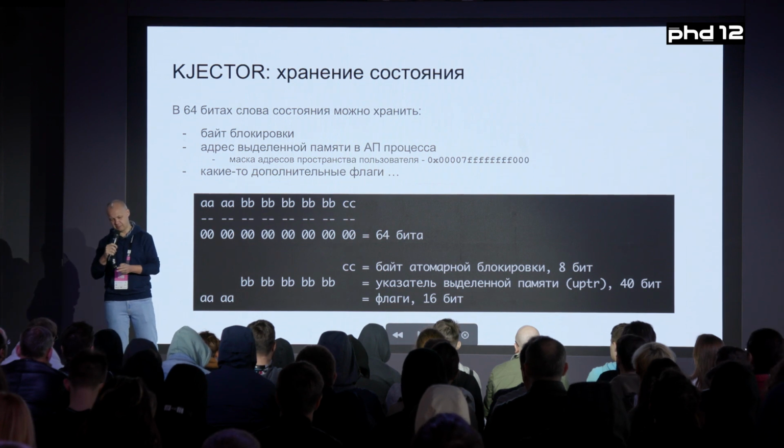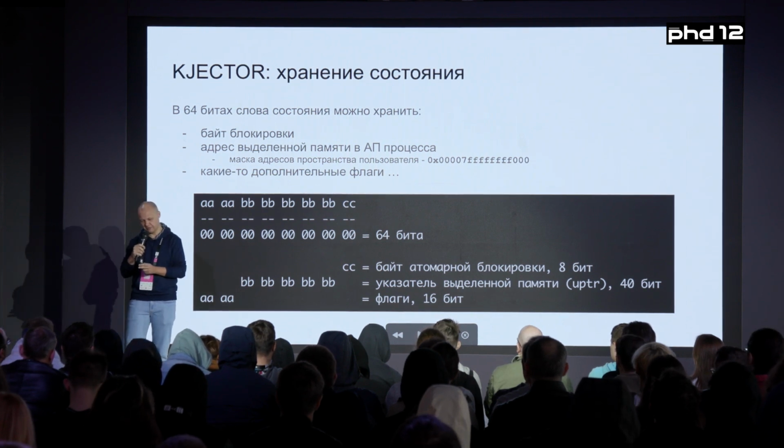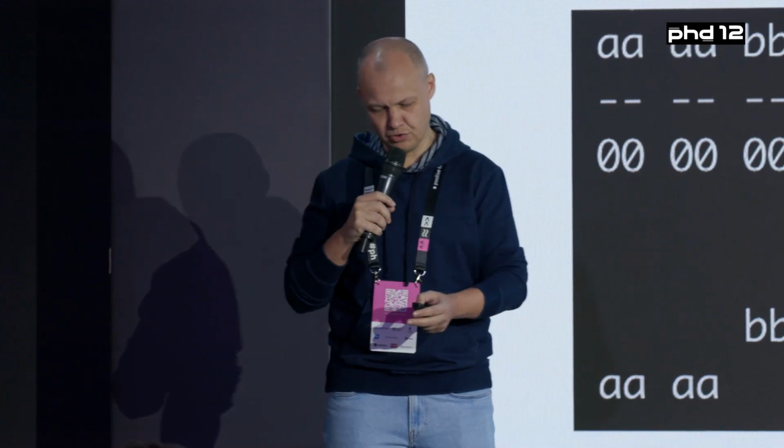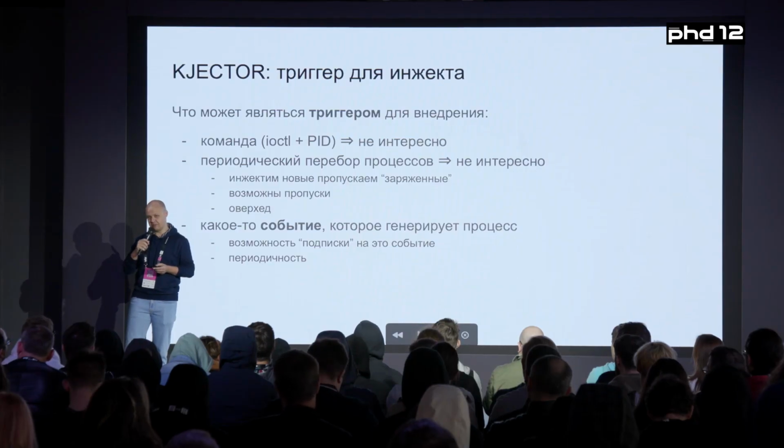There will be lots and lots of zeros there. So we're going to use younger bits for the blocking byte and the senior ones for flags. The breakdown by bits is shown below: where we're going to use the atomic blocking byte and where we'll be using flags. In fact, we can store everything we need with the 64 bits.